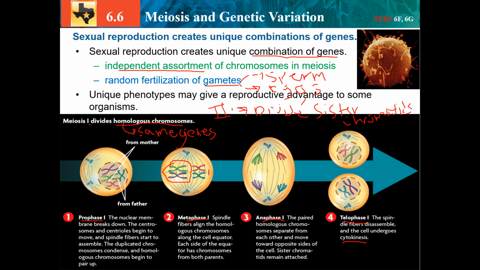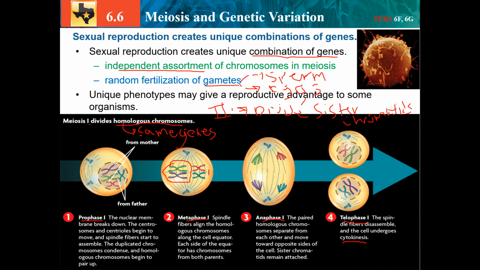And in anaphase 1, you end up separating those homologous chromosome pairs. Then in telophase, you have the reformation of the nuclear membrane to form your nucleus. And then you have the pinching off of the cytoplasm with cytokinesis right here.